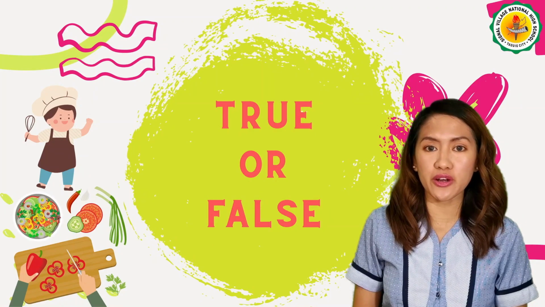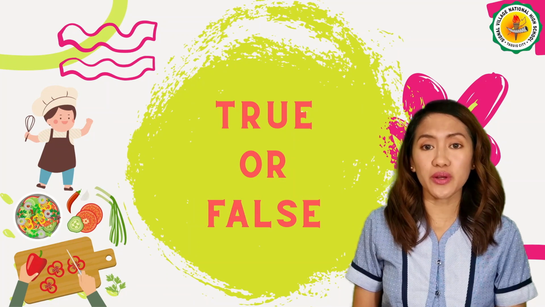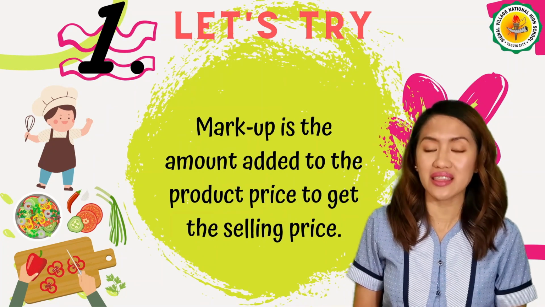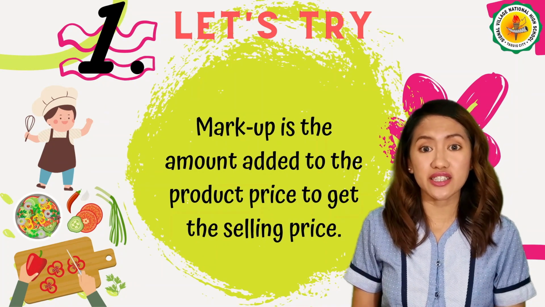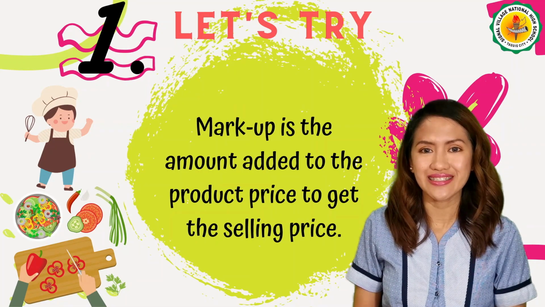Write in your paper, true or false. Number 1, markup is the amount added to the product price to get the selling price. Is it true or false? Write it now.